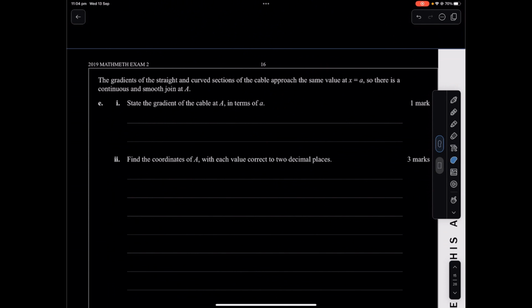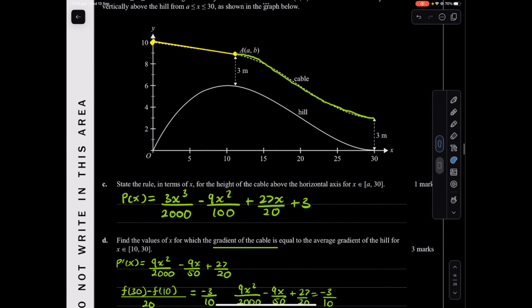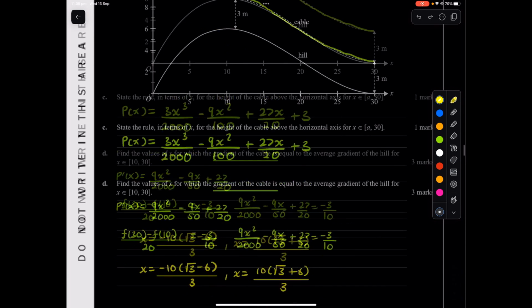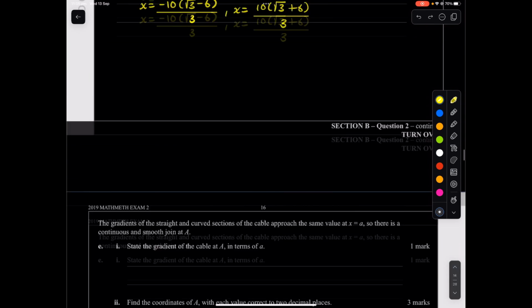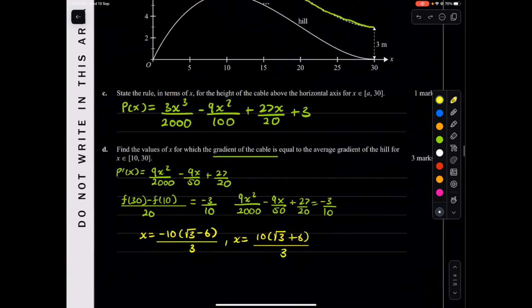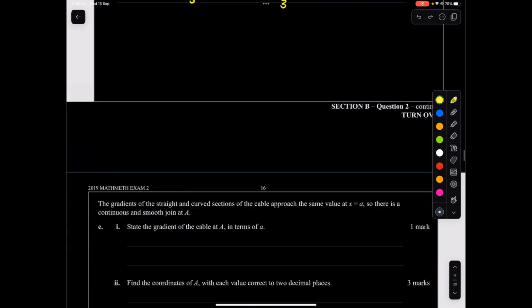The gradients of the straight and the curved section of the cable approach the same value as x equals a. So there is a continuous and smooth joint at A, which makes sense. They join at A, and so continuous. Set the gradient of cable A in terms of a. Well, we already know the equation of P of x, so we know P dash of x.